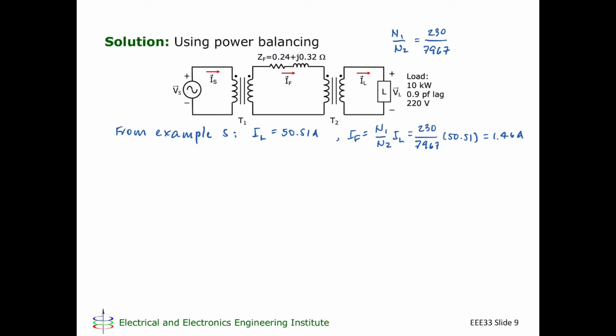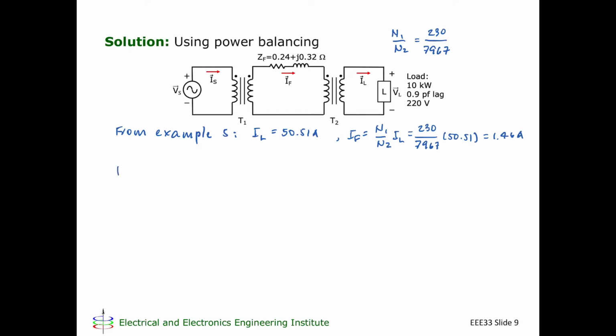At this point, we can already compute the power and reactive power delivered by the source. If you take a look at the system, the only places where power can actually be consumed are in the resistive component of the feeder impedance and in the load. Remember, our transformer cannot consume any power or reactive power.